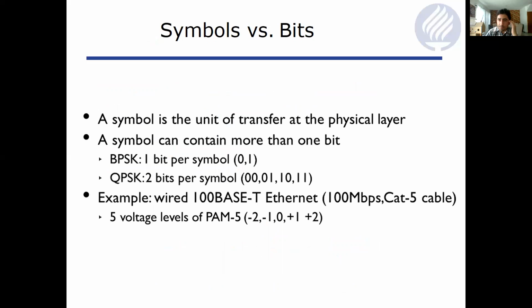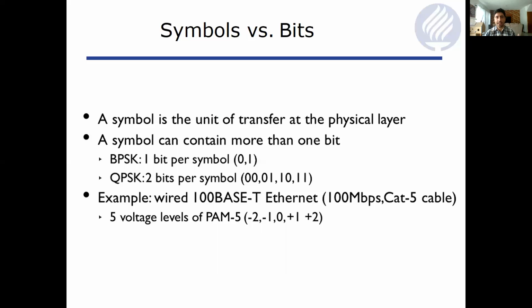Now, at some point at the link layer, we have bits. Bits are coming in from, let's say, the network layer. Talking about symbols versus bits, imagine we have a packet from the network layer. We have some frame at the link layer with some bits in it, 0, 0, 1, 1, 0, 1, 0, organized into bytes, into octets.